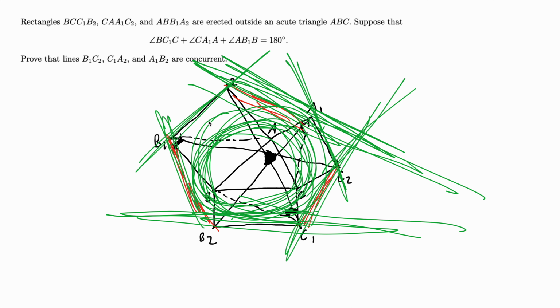I was trying to find a conic section inscribed in here, but I was not able to do it. That was quite unfortunate.